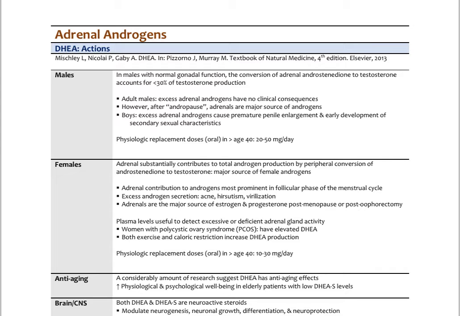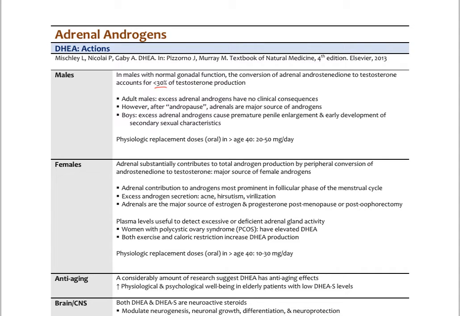In males with normal gonadal function, the conversion of the DHEA into androstenedione and testosterone accounts for less than 30% of total testosterone production. So we don't really think of DHEA from the testosterone perspective in males, but we do see it a lot playing out with maybe decreased resistance to stress and so forth.